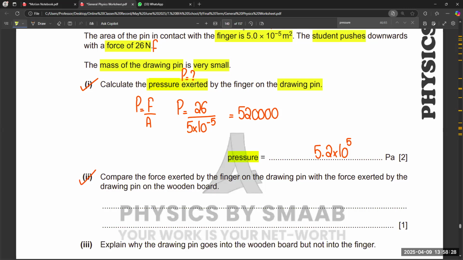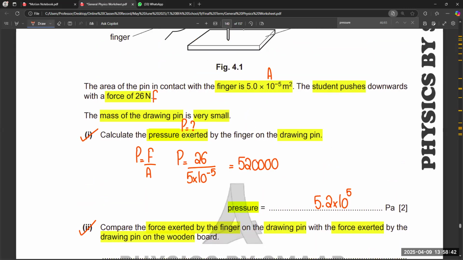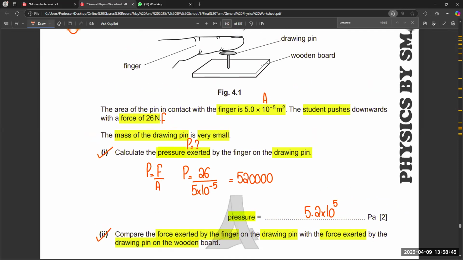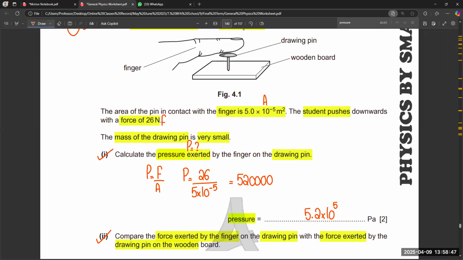Second part is compare the force exerted by the finger on the drawing pin with the force exerted by the drawing pin on the wooden board. So which force do you think will be greater? Force exerted by finger on the drawing pin or the force exerted by the drawing pin on the wooden board? Because the area of the drawing pin on the top is greater. So when area increases, pressure decreases.